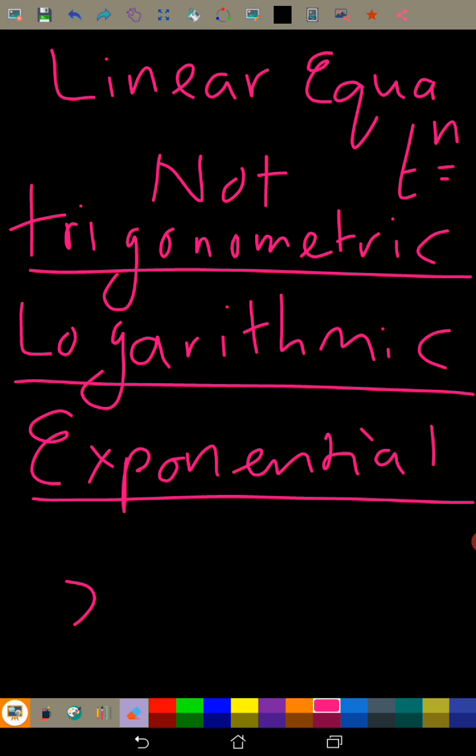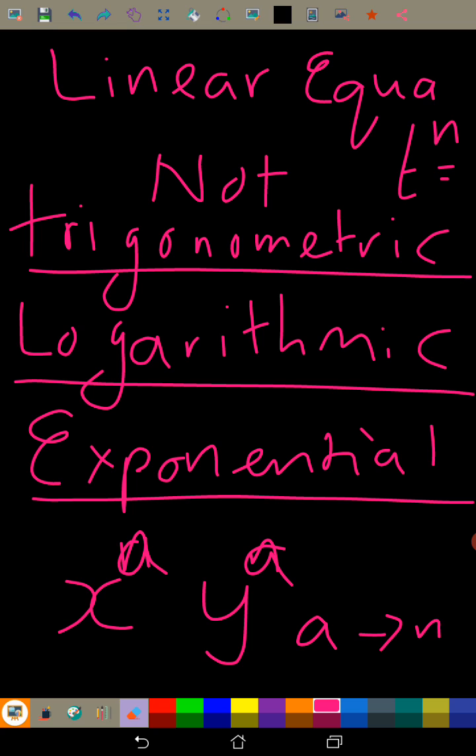The variables x and y are to a power a, and a can tend to n, where n is a real number, and they tend to plus or minus infinity.